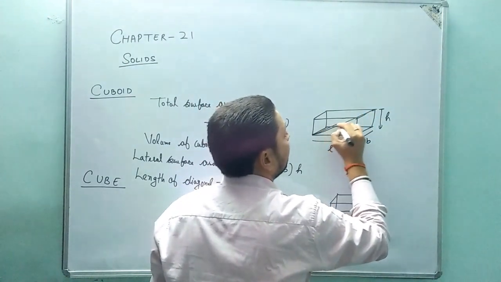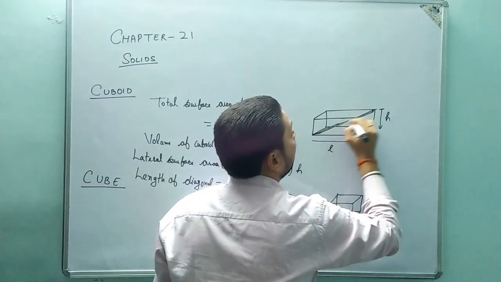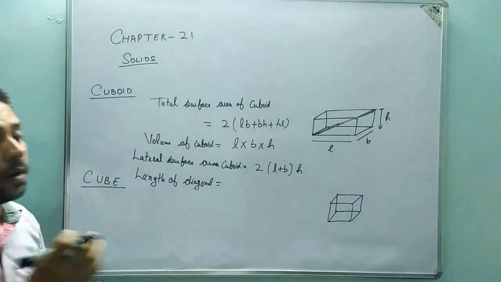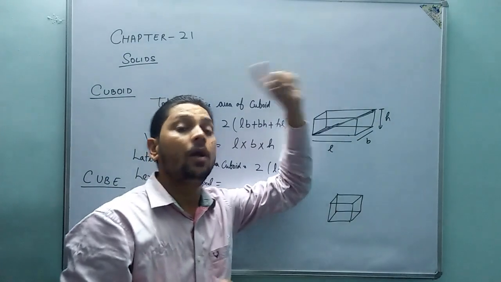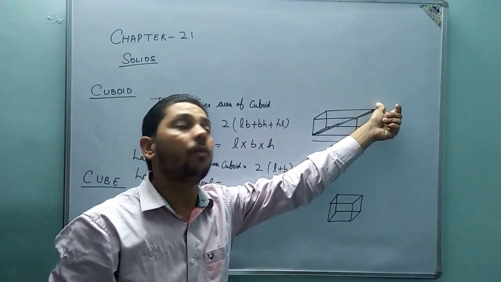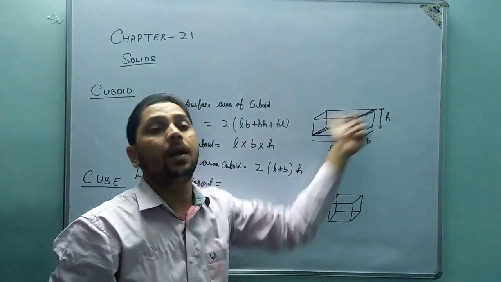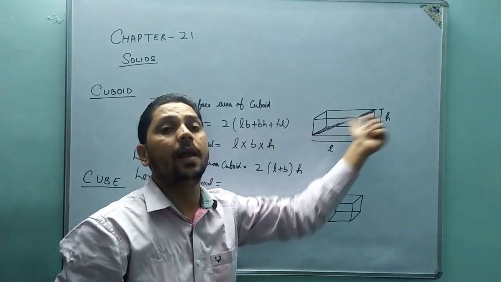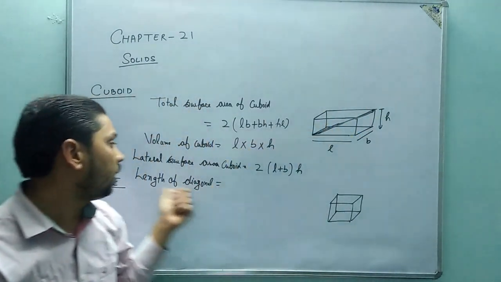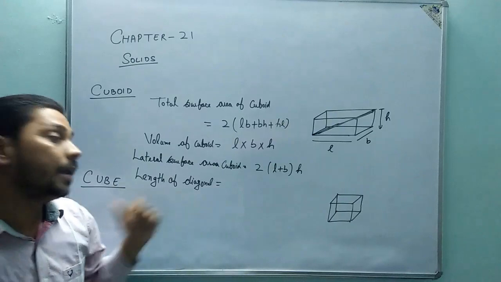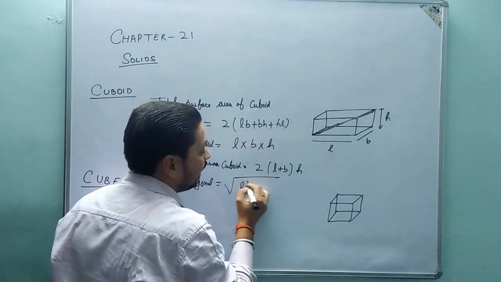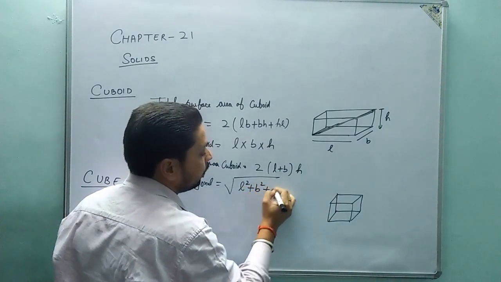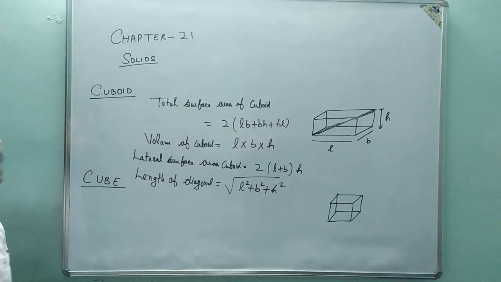If we place a long rod from one extreme corner of this cuboid to the opposite top extreme corner, that particular length is known as the length of the diagonal, and the formula to calculate that diagonal is the square root of L square plus B square plus H square.